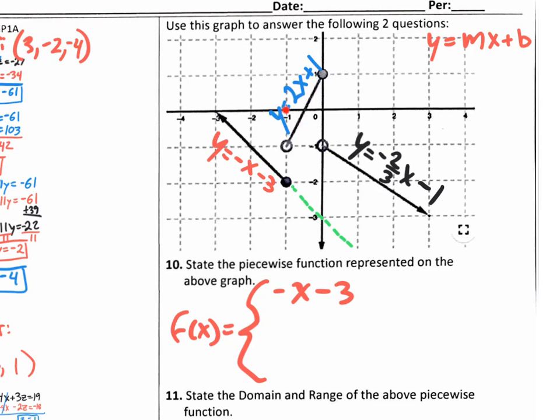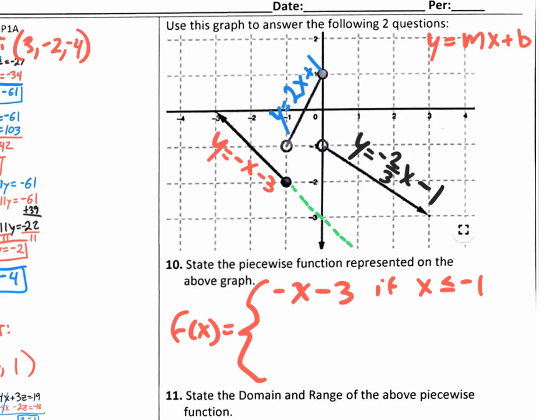Where does this graph begin? It begins at -1, and it goes to the left. What would that mean? That x is less than or equal to, because it's a solid dot. So on this red line, we're going to put if x is less than or equal to -1. That's the condition. That's the piece of this line in this piecewise function.